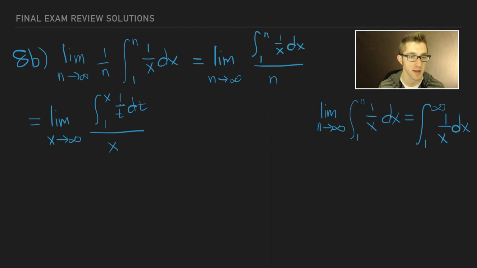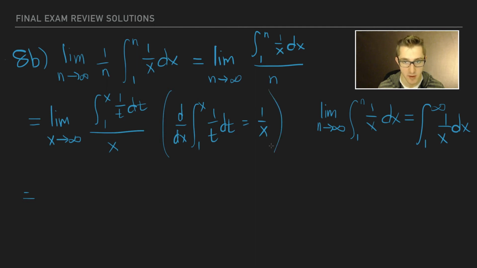We're going to apply the second fundamental theorem of calculus. So I'll write it here in parentheses: remember that the derivative of the integral from 1 to x of 1 over t dt is just going to be 1 over x. I take the x and I plug it into the integrand where I see t. This is the second fundamental theorem of calculus.